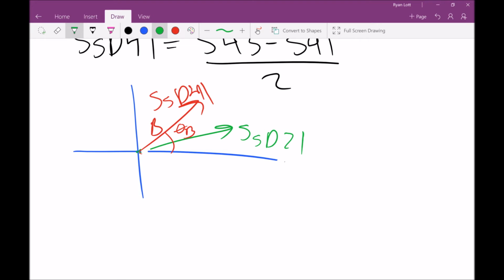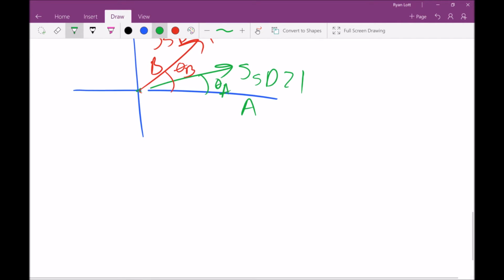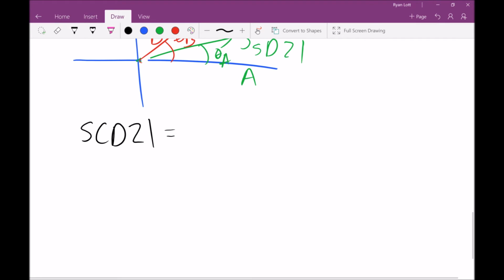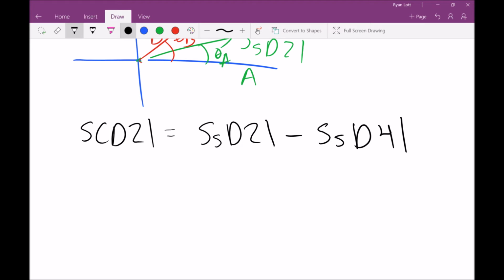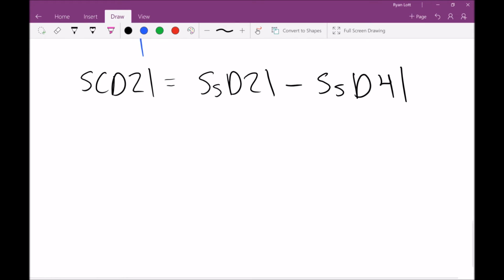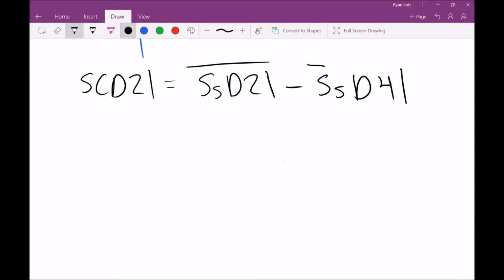It's magnitude B. This one's angle A, and it's magnitude A. So if we were to rewrite our SCD21 equation, we would now see that SCD21 is basically SSD21 minus SSD41. Now, why is this important? We'll see that in a second.